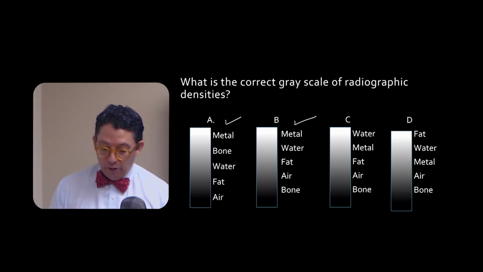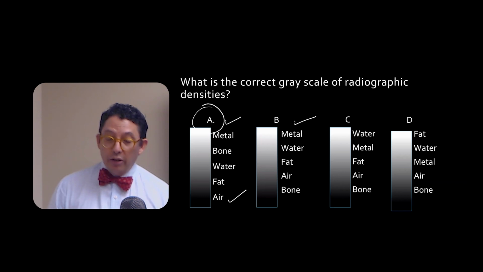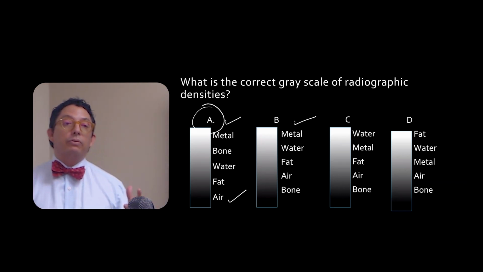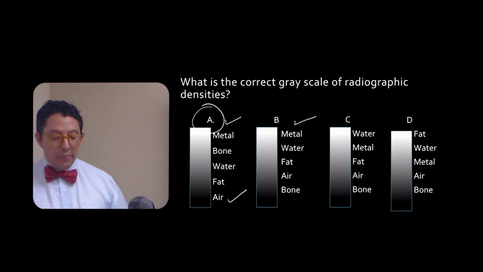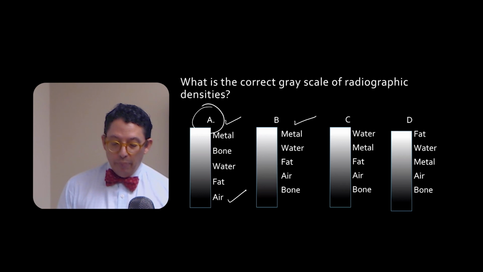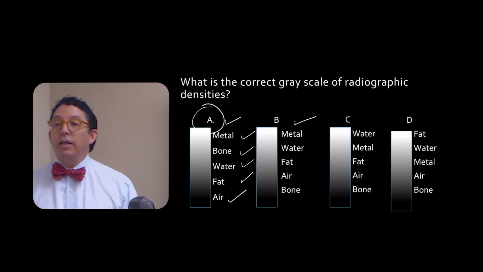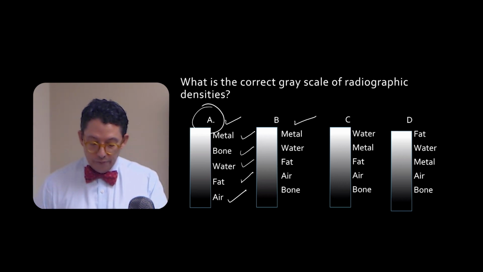And it's going to be air, making A your answer. So that's an easy one. And that's the order: metal, bone, water, and then fat, and finally air being the easiest for the X-rays to cross.